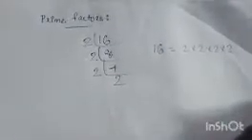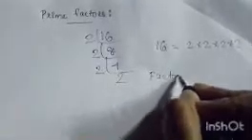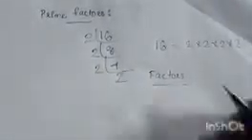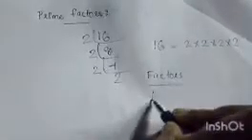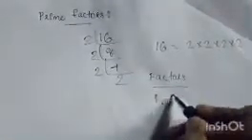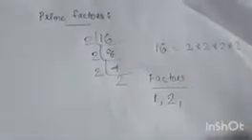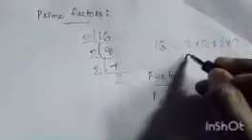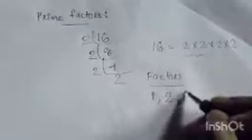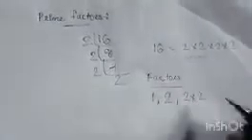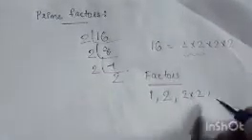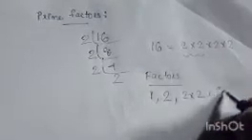Next we want to find out the factors. First, 1. We know that 1 is a factor. Then the first 2. Okay, 2 is a factor. Take the next 2: 2 into 2 is a factor. Again 2 into 2 into 2 is another factor.